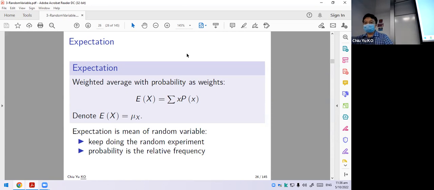Then the relative frequency of the times each value appears will be given by the probability. So the expectation is just you repeating this experiment many times in your mind. You get data, you calculate the mean, and that is exactly the expectation. So expectation is actually the mean if you keep repeating this experiment in your mind.